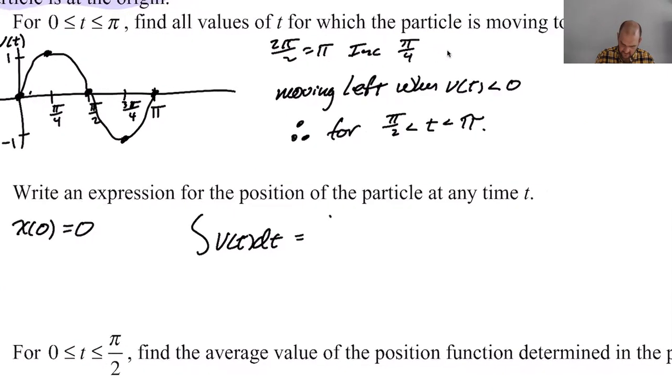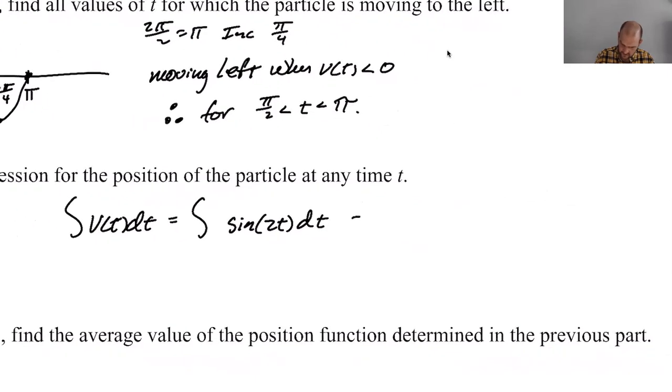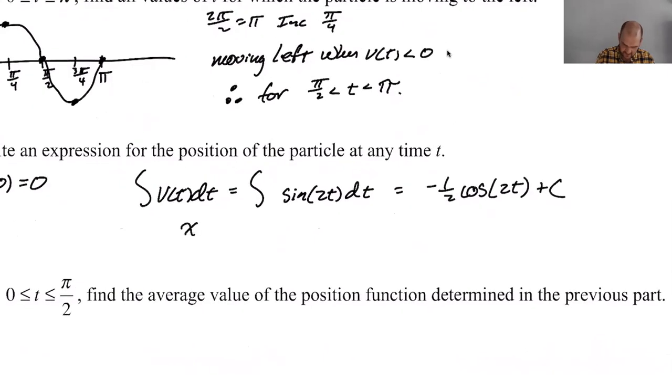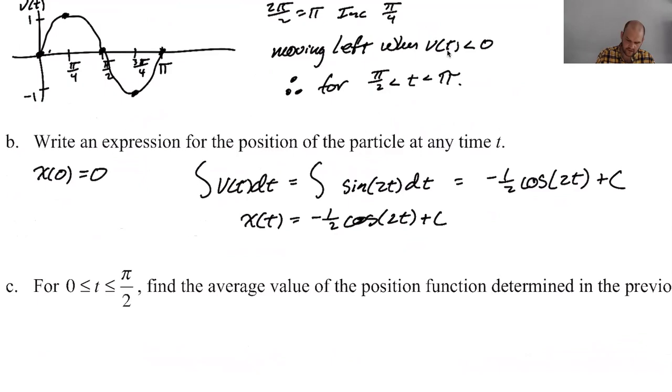That's the integral of sine of 2t dt, which is -1/2 cosine of 2t plus c. So x of t is -1/2 cosine of 2t plus c. But we know that x of 0 is 0. So we can use that.